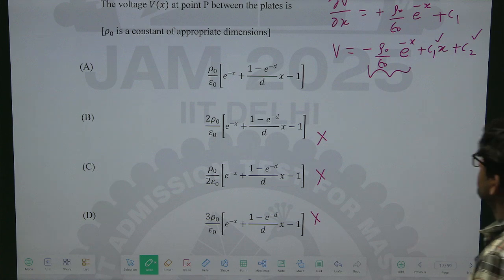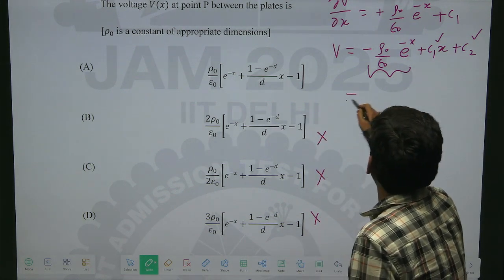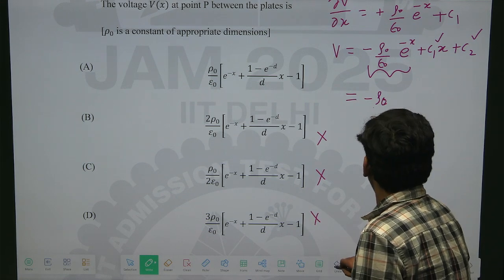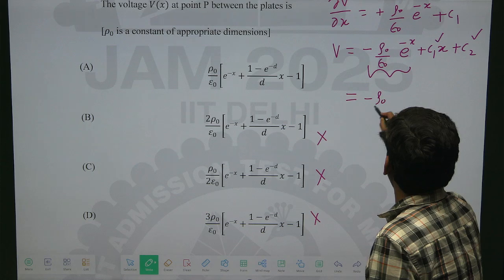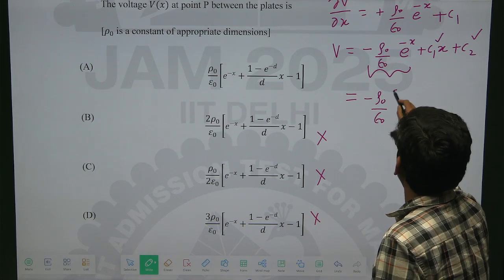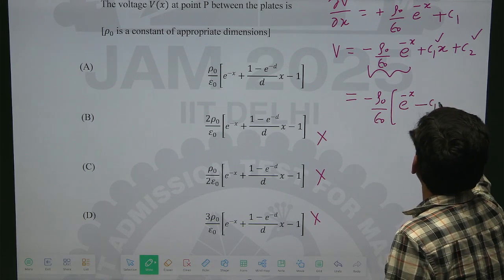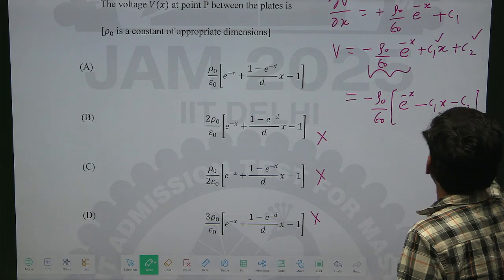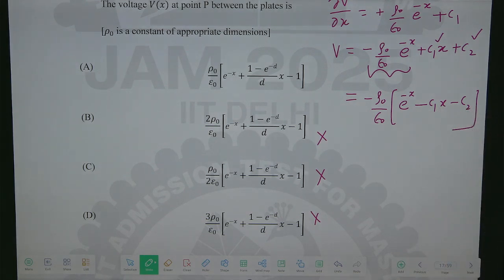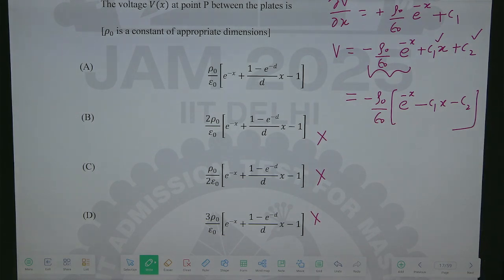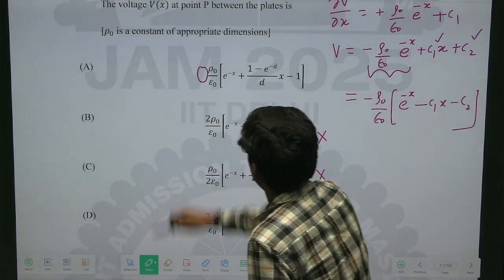And here if you take minus rho naught by epsilon naught common, you will get e to the power minus x minus C1 x minus C2. So actually this is the answer. These values of C1 and C2 you will get by putting the boundary condition. The problem is that here there is no negative sign.